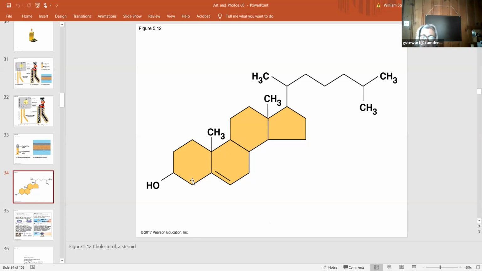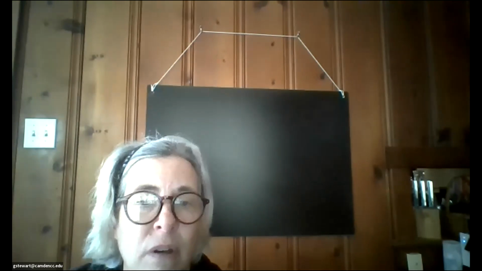In plants, we see the steroids sometimes as chemical signals as well as structure. And you would see them in the structure of fungus membranes as well, different sterols. Okay.